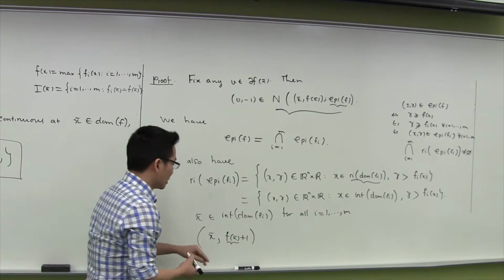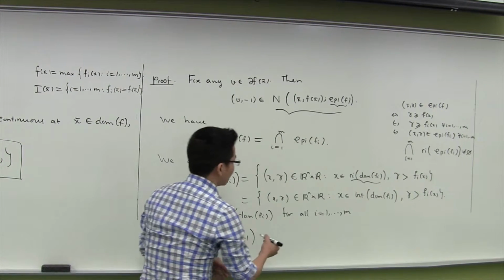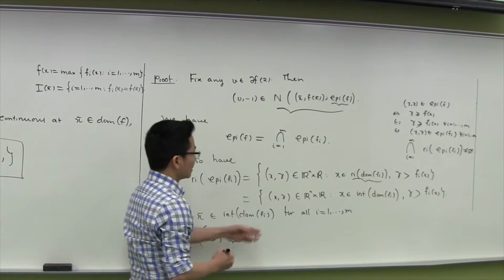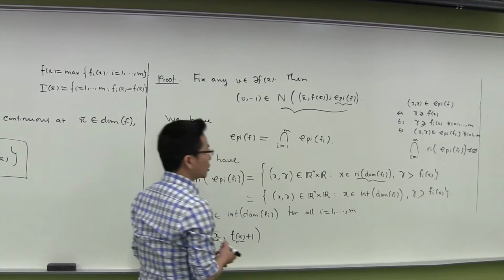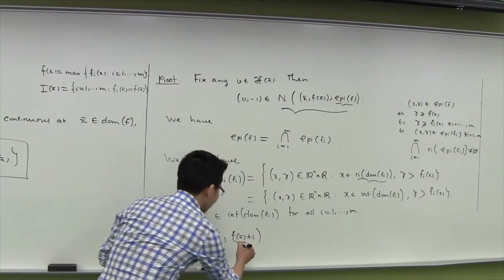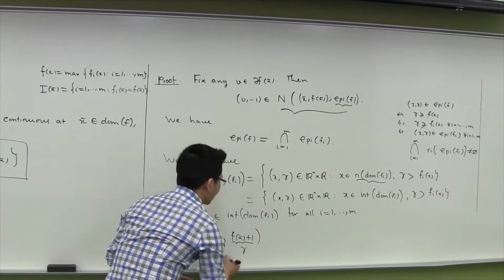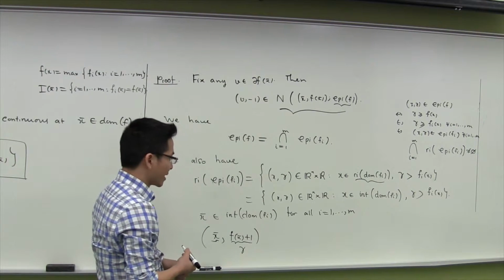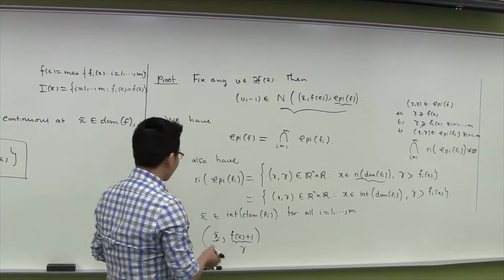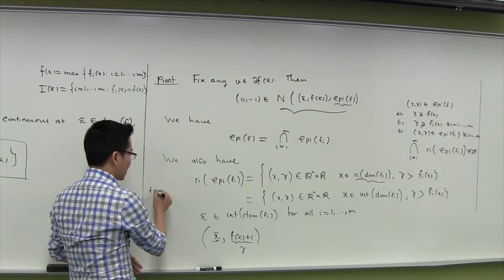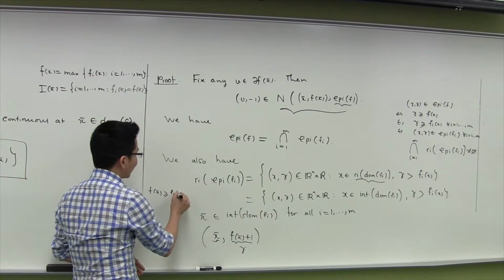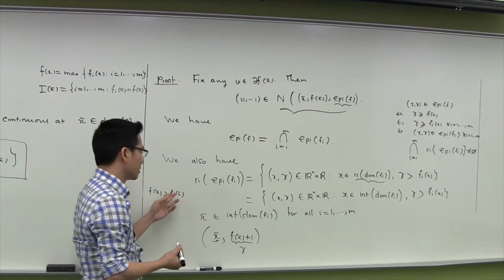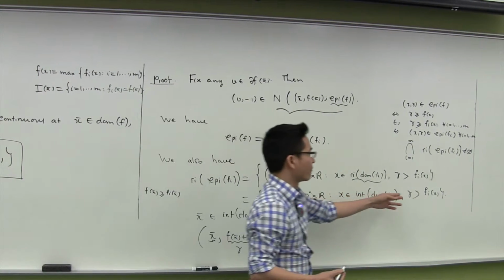First of all, x bar here is in the interior of the domain of each function fi, and here gamma is equal to f of x bar plus 1, so it's strictly greater than f of x bar, and f of x bar is greater than or equal to fi of x bar for every i, so gamma here is strictly greater than fi of x bar.